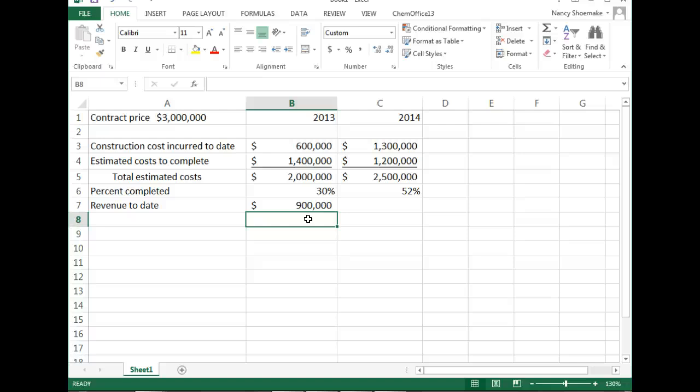We're basing it on our cost. So if we think we've completed 30% of our cost, we're going to then claim 30% of our revenues. Make sense?